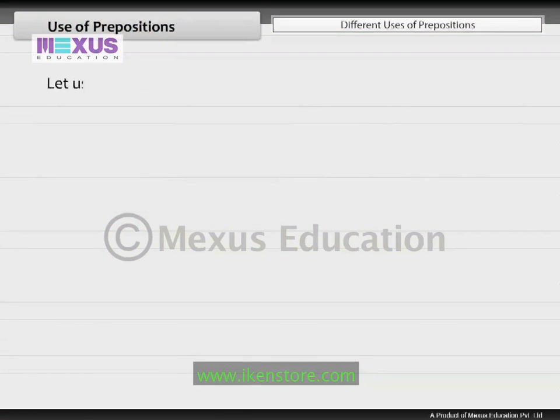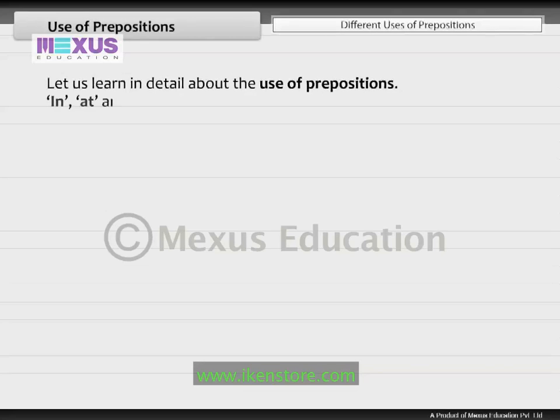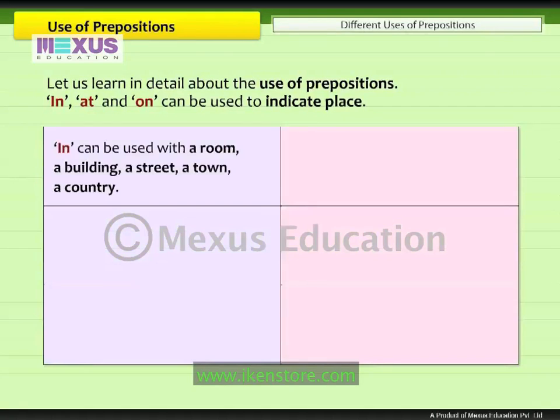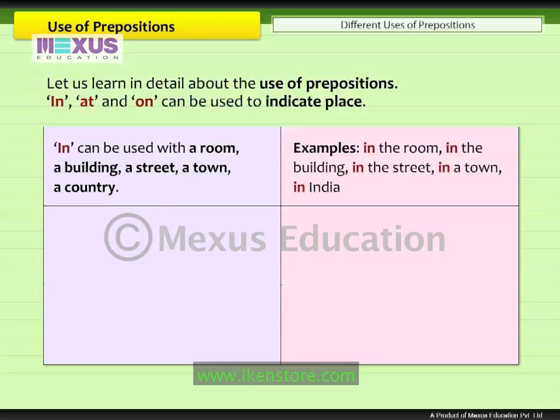Now let us learn in detail about the use of prepositions. In, at, and on can be used to indicate place. In can be used with a room, a building, a street, a town, a country. For example, in the room, in the building, in the street, in a town, in India.